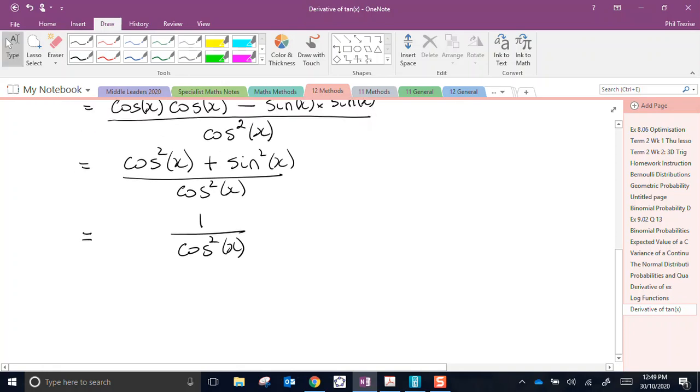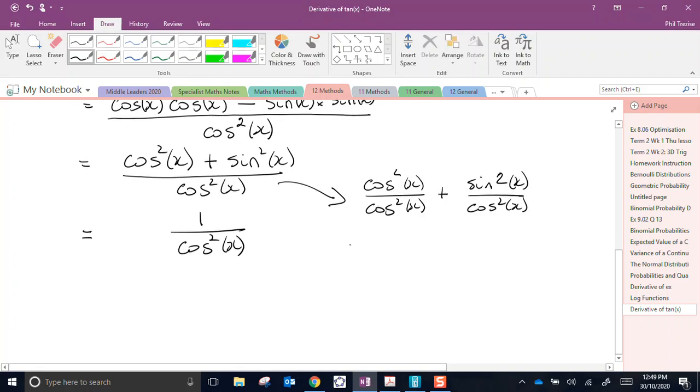Now, we could have taken a slightly alternative path from here. We could have gone, let's split this as two fractions, cos squared divided by cos squared plus sine squared x divided by cos squared x.